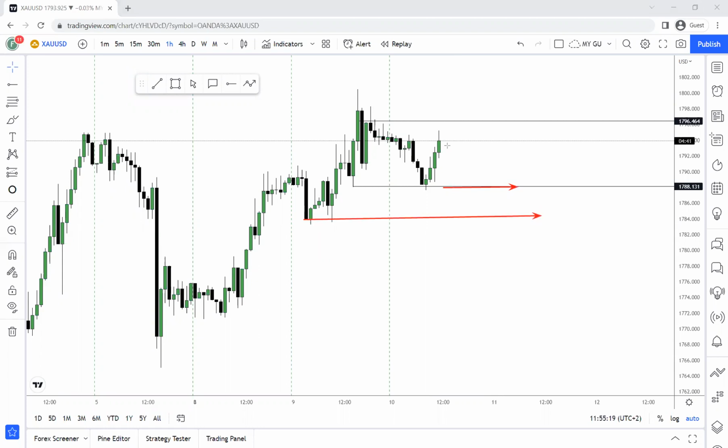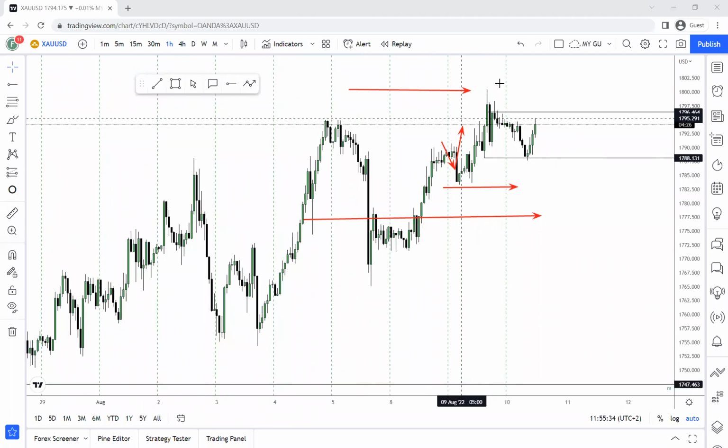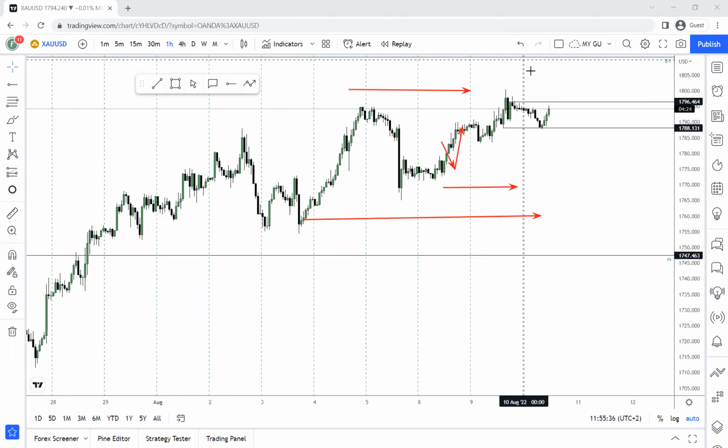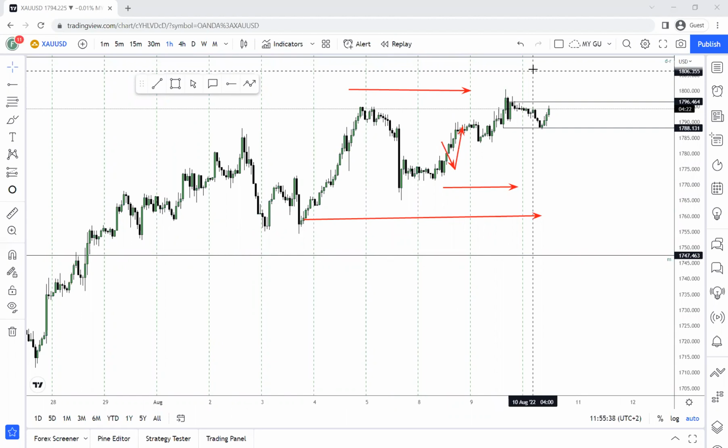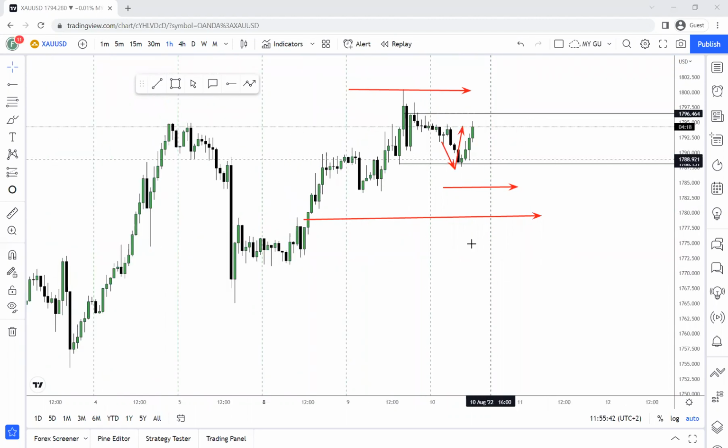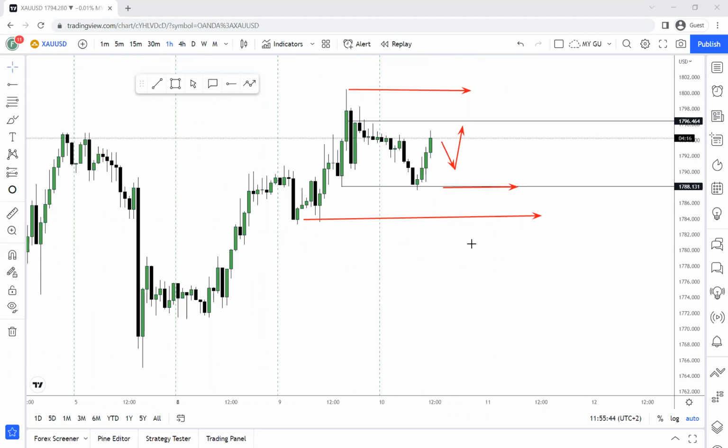All right, and if it gives you some sort of a retest and then it comes to push higher, you have your first target and your second target being our daily resistance over there. All right, so that's what you'd be looking to play out.